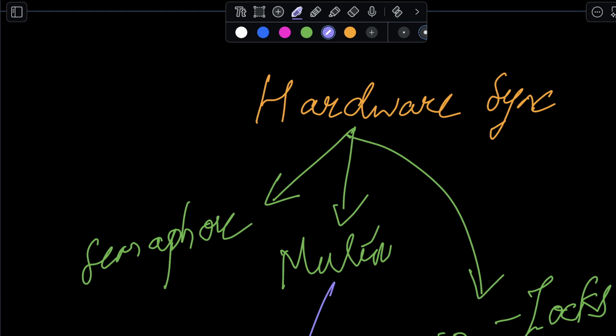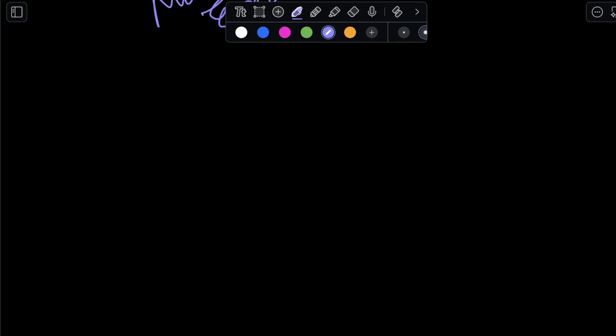Before we go ahead, I guess we should know what a deadlock is. So let's understand what a deadlock is. Before we go ahead with hardware synchronization, let's first understand what a deadlock is.